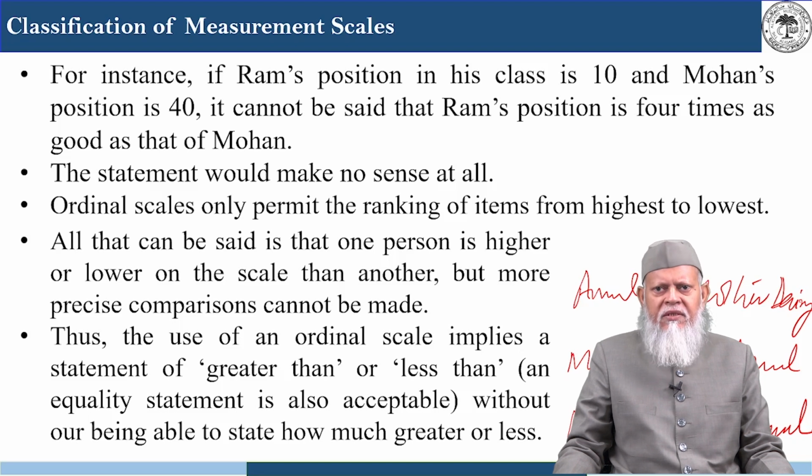So we must remember that the ordinal scale is able to rank the choices, is able to rank the preferences, is able to rank the comparisons, is able to rank the respondents' views in cases where we measure abstract concepts.